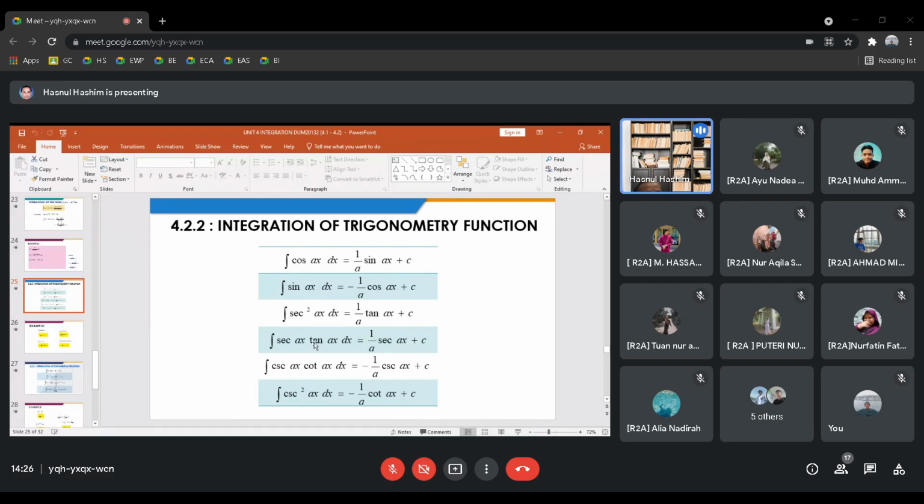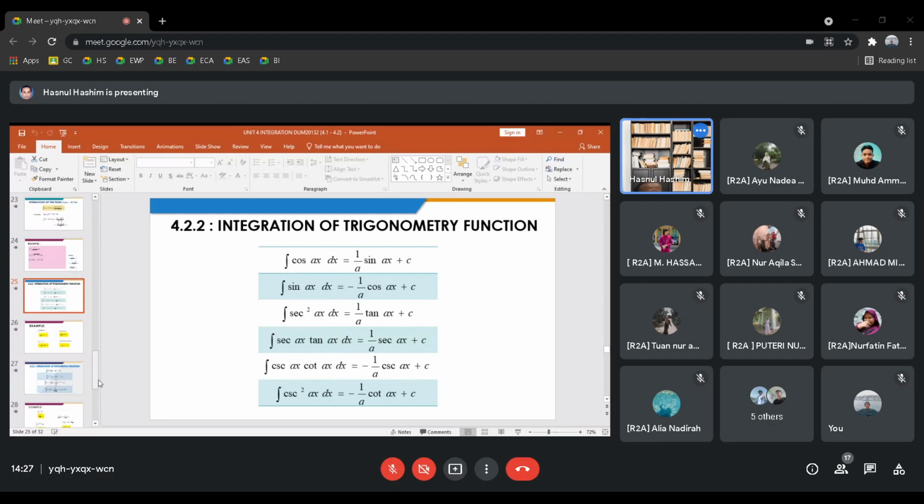When we integrate secant ax tangent ax, we have 1 over a secant ax. When we integrate cosecant ax cotangent ax, we have negative 1 over a cosecant ax. And when we integrate cosecant squared ax, we have negative 1 over a cotangent ax.